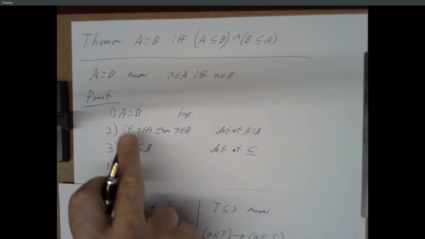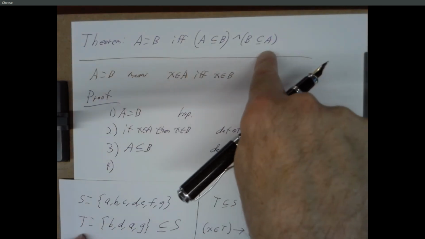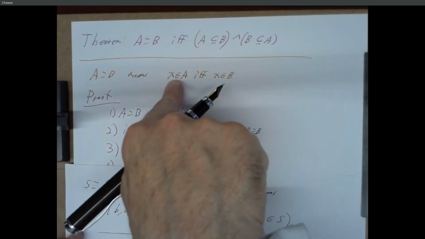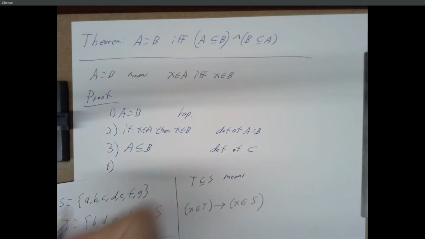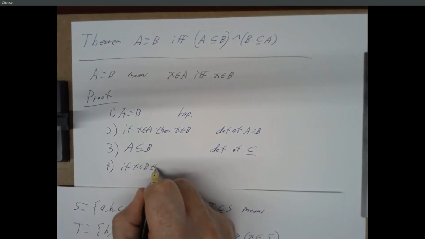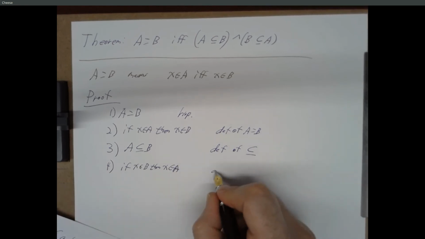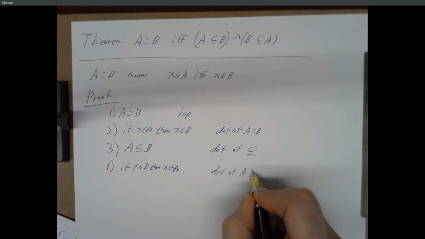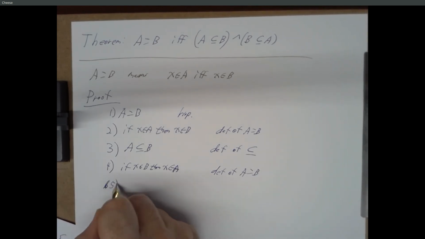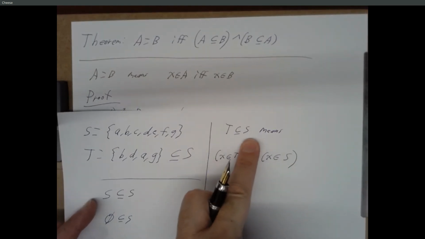Well, we can also say if A is equal to B, that means that if X is in B, then X is in A. That's the definition of B is a subset of A.